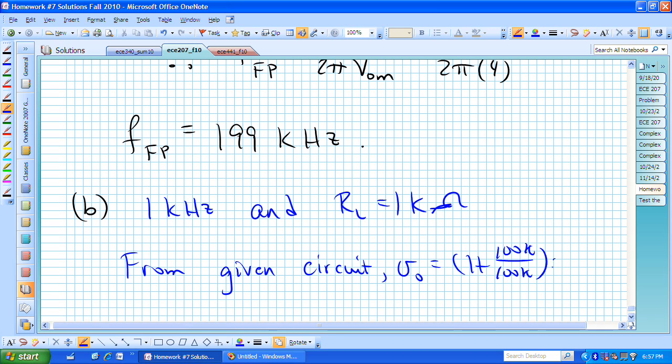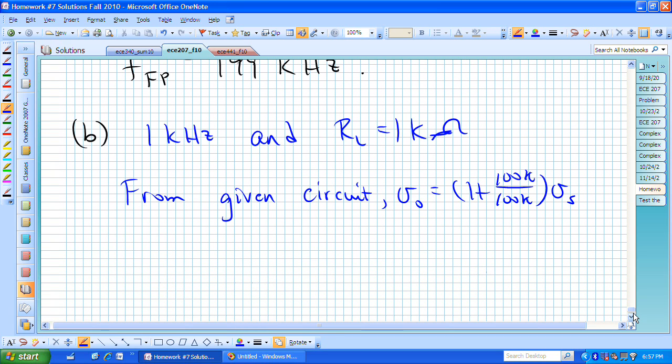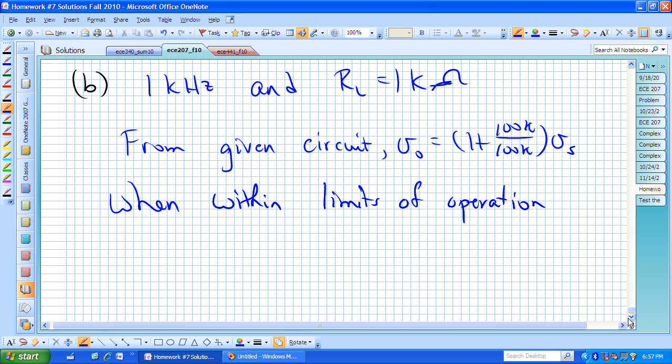It was a non-inverting op-amp circuit, and as long as we are within the limits, meaning we're underneath our full power bandwidth frequency, we're within our supply voltage limits, and we're also not drawing too much current, then we will have a gain in our circuit of 1 plus 100 over 100, or 1 plus 1, which is 2.